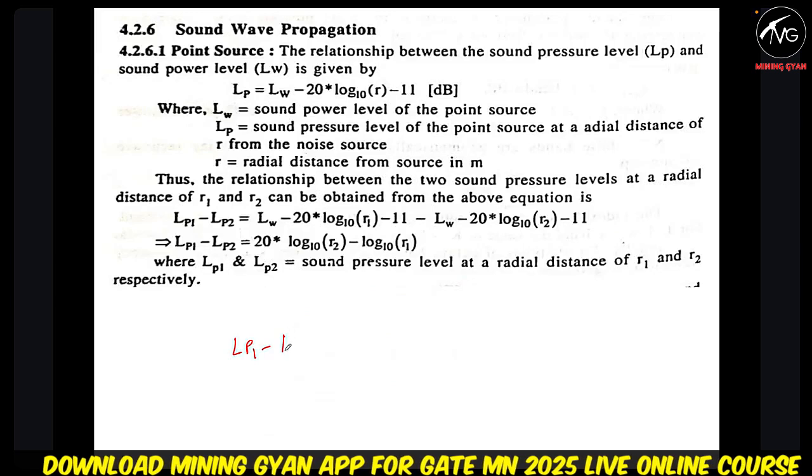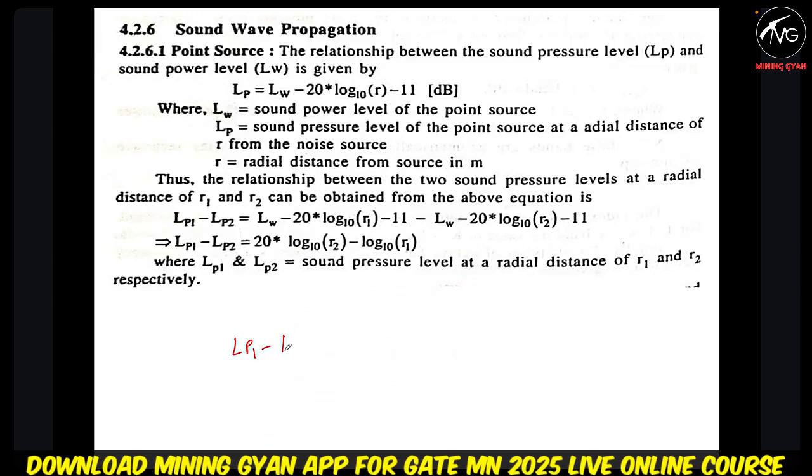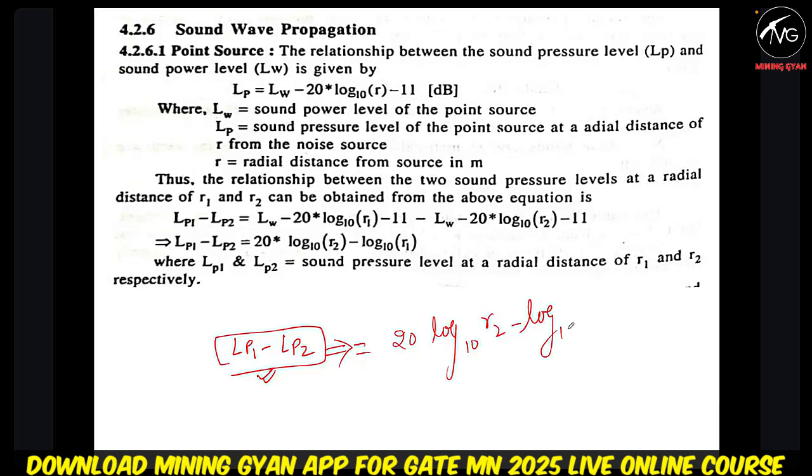If they give us the difference between the two point loads, LP1 minus LP2, then their difference will be 20 log base 10 R2 minus log base 10 R1. Just remember this formula also.